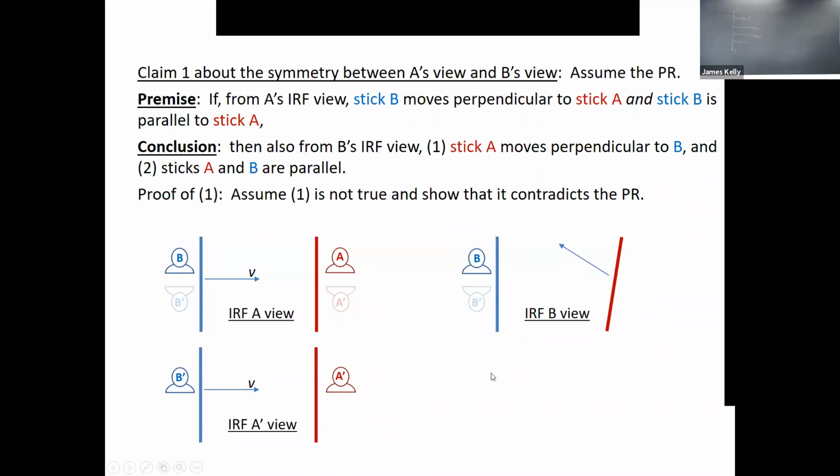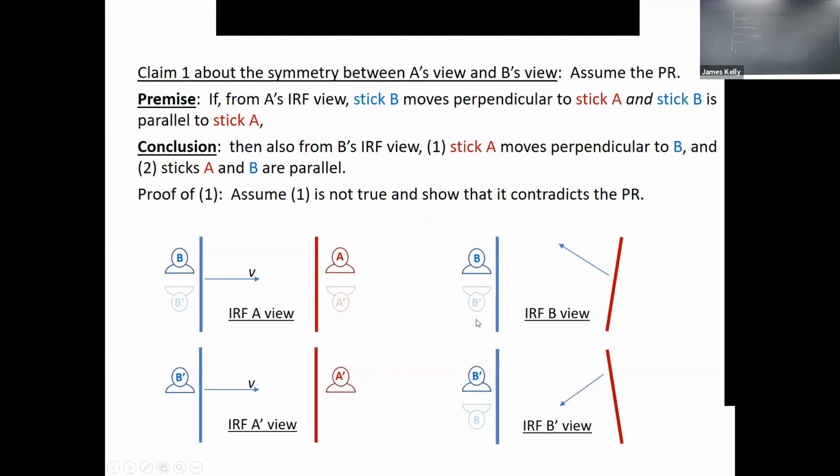Let's do the same thing for B prime's point of view. When B prime's just sitting there saying, I feel like I'm at rest, let's see what's happening. Well, B saw this meter stick. I don't really care about the orientation right now. We're concerned with the direction of motion in property 1. So B saw this stick. I happen to draw it tilted. But the important thing is the stick is moving upwards toward the top of B's head from B's perspective.